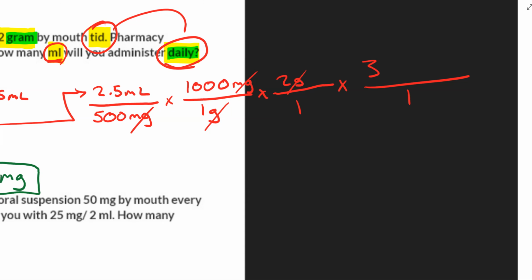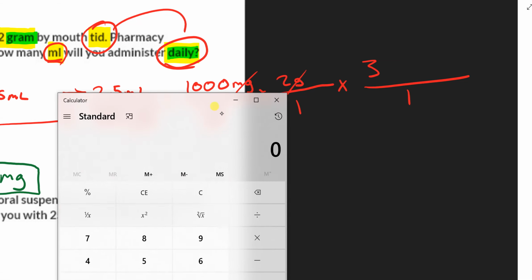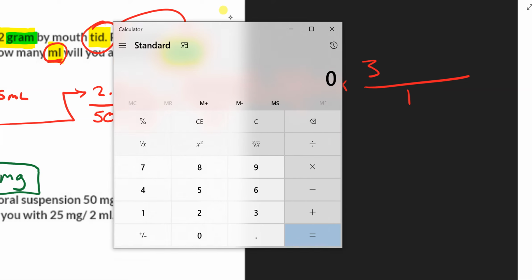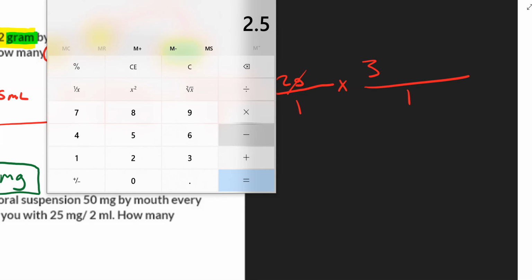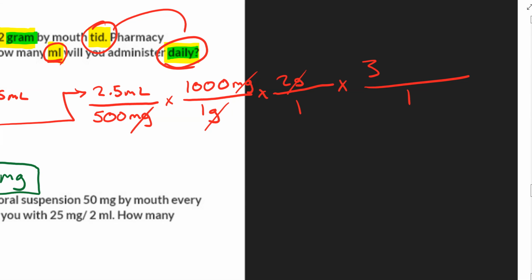So let's do some math here. We got 2.5 times 1,000, that's times 2 times 3.